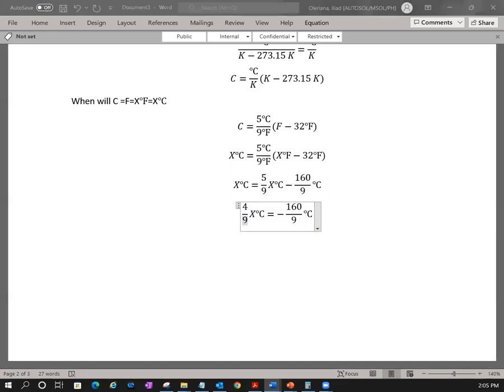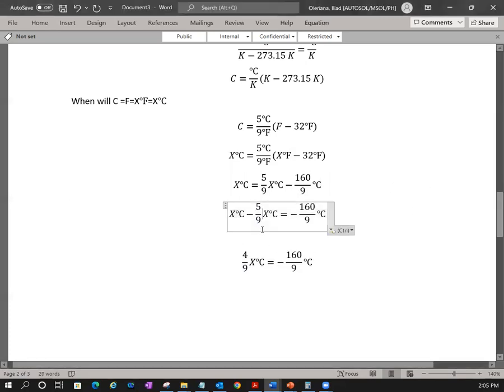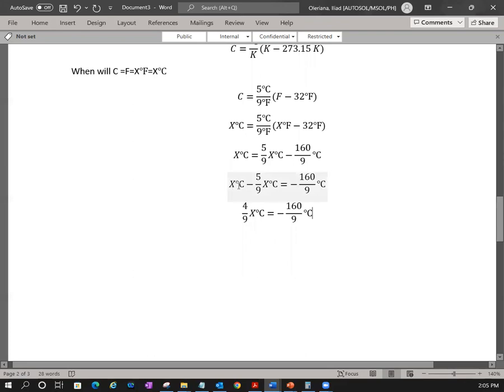So, lagay natin yung step na hindi natin ginawa kanina, para hindi tayo malito. 1 minus 5/9 is 4/9. Then, diretso lang tayo. Multiply both sides by 9. Then it will look like this: 4x is equal to negative 160. Nawala na din yung degrees Celsius.